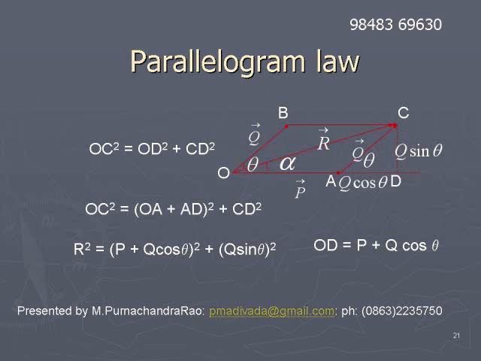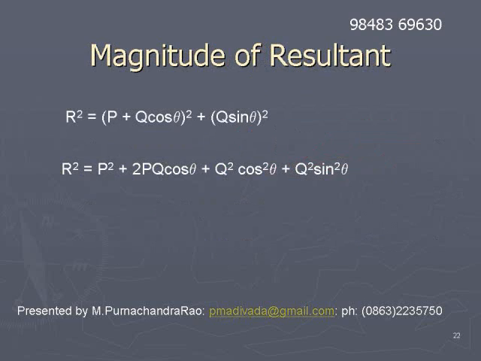By substituting the values of OD and CD, we get R square is equal to P plus Q cos theta whole square plus Q sin theta whole square, where OC is R. Expanding P plus Q cos theta whole square, we get P square plus 2PQ cos theta plus Q square cos square theta, plus Q sin theta whole square, which is Q square sin square theta.